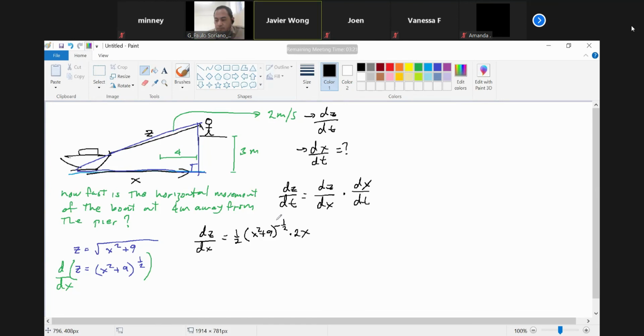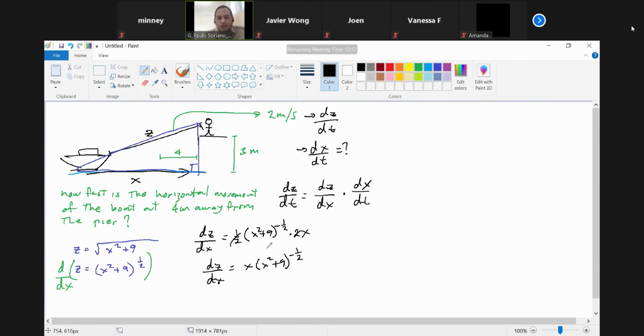So that would be simply x. So dz/dx is equal to x times (x squared plus 9) raised to negative 1/2.